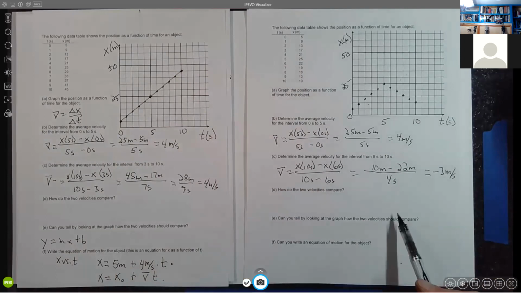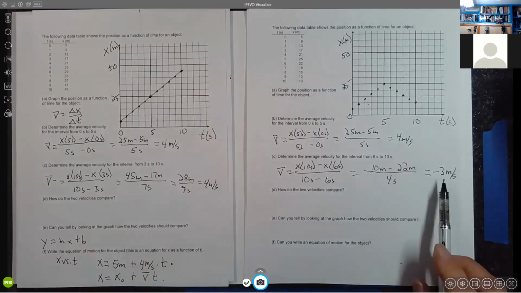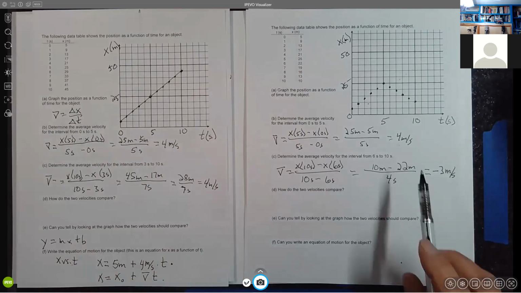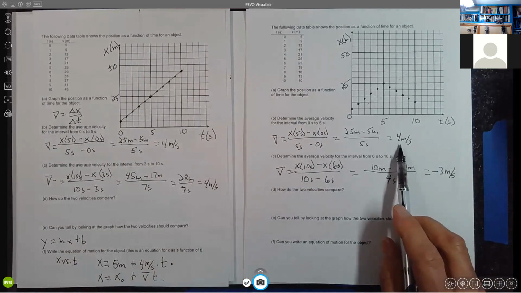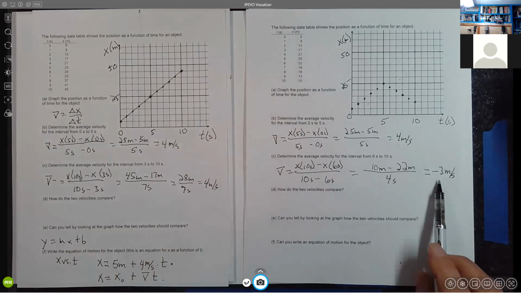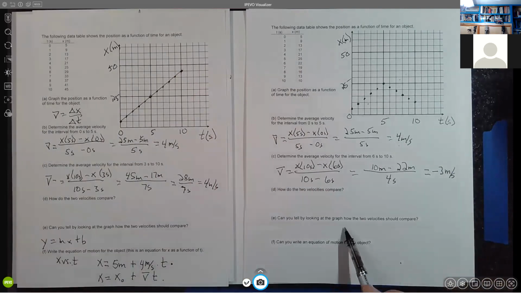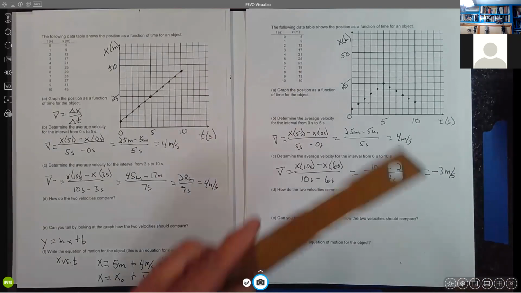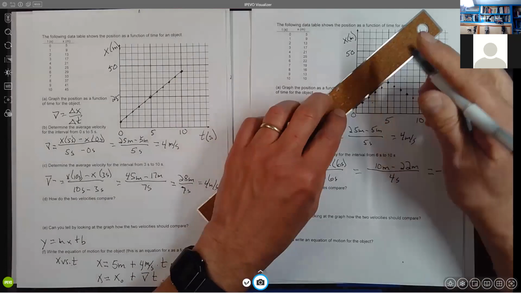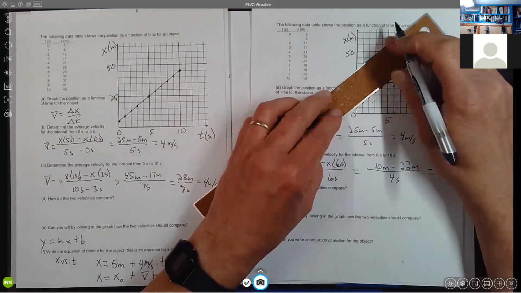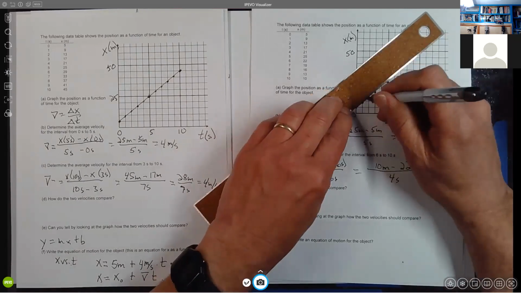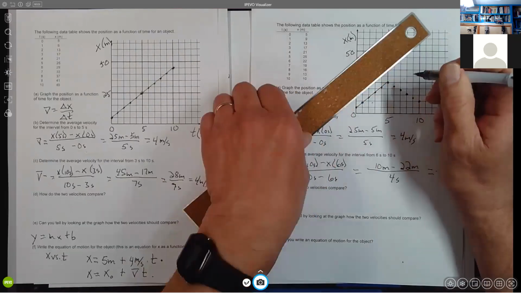How do they compare? Well, this one's positive and this one's negative, and this one's a little bit bigger in magnitude than that one is. I don't know if I would have noticed that. Can I tell by looking at the graph how they should compare? I can. Going from left to right for that first batch of data, it's going uphill.